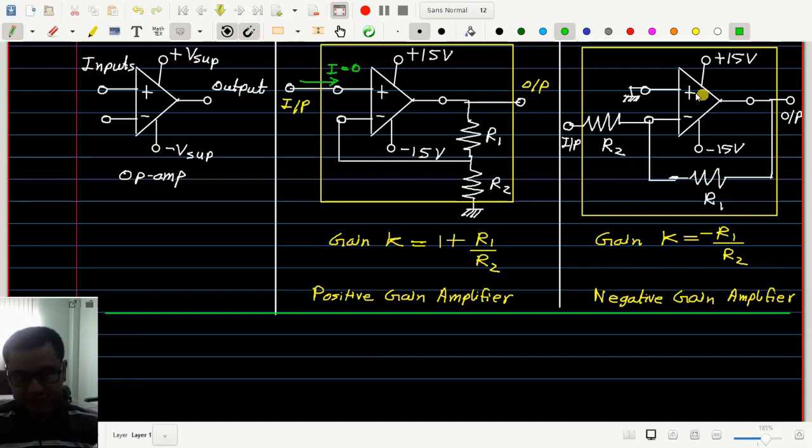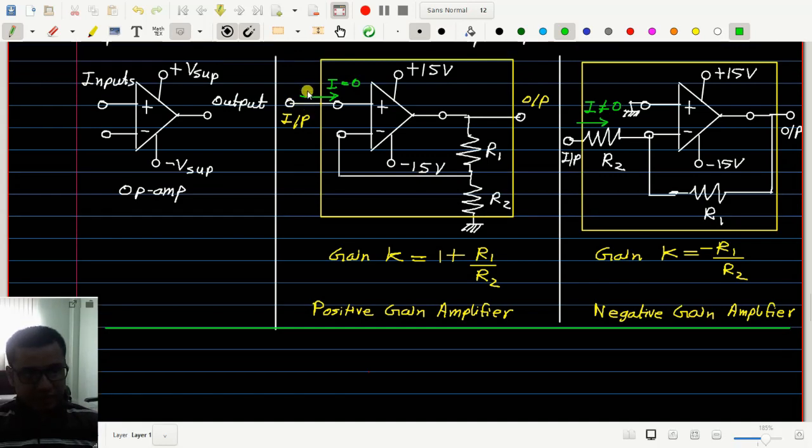However, this amplifier with a negative gain is not like the ideal amplifier we have discussed, because here this input current can be non-zero.